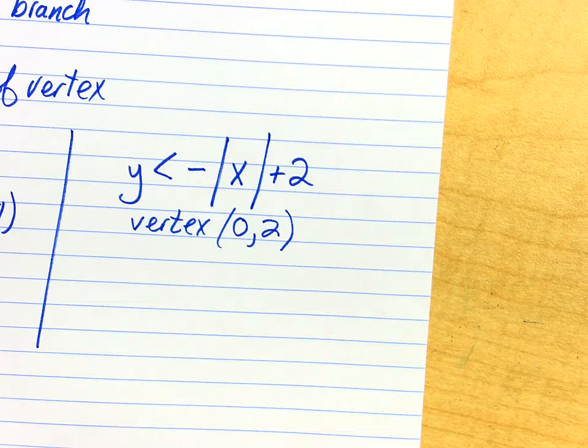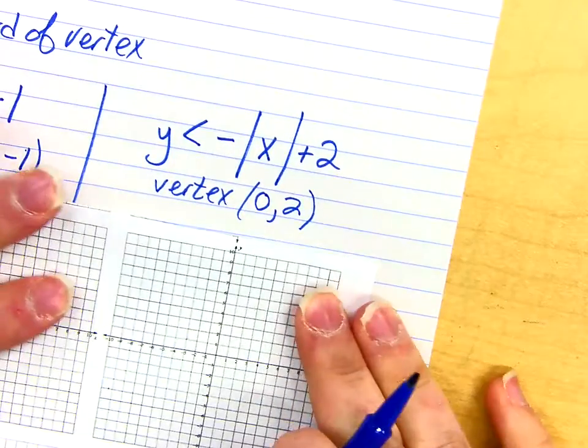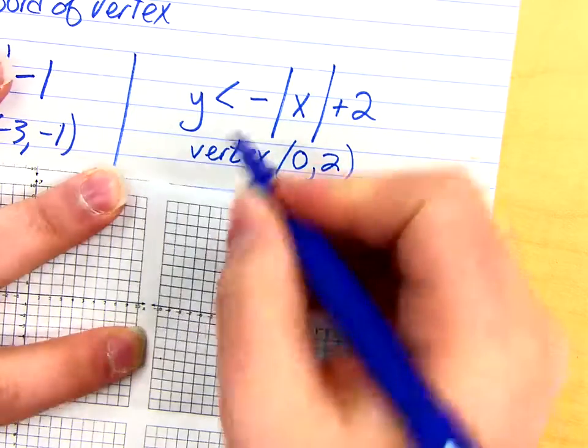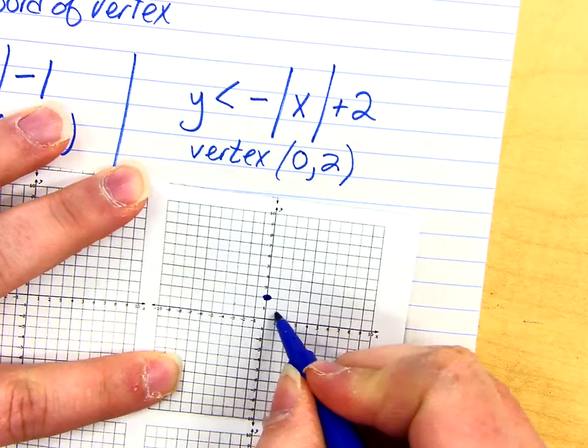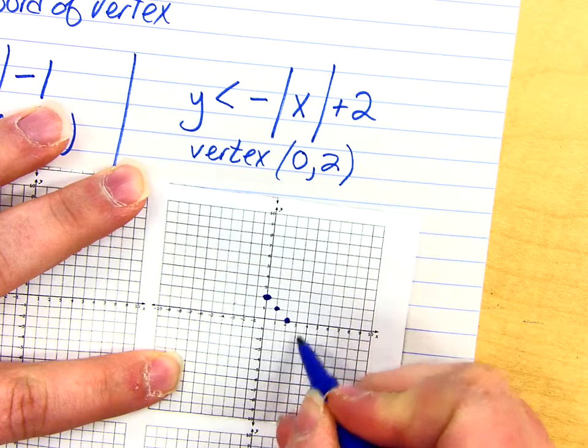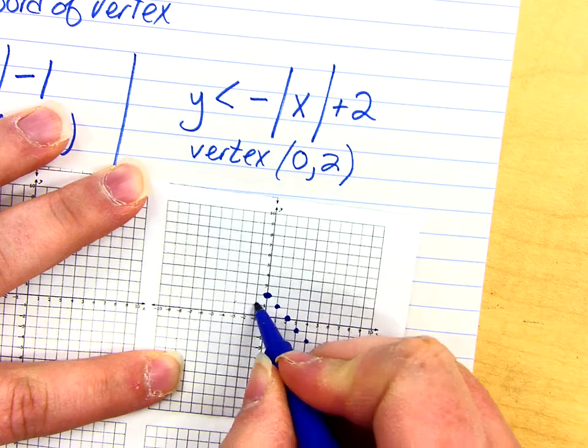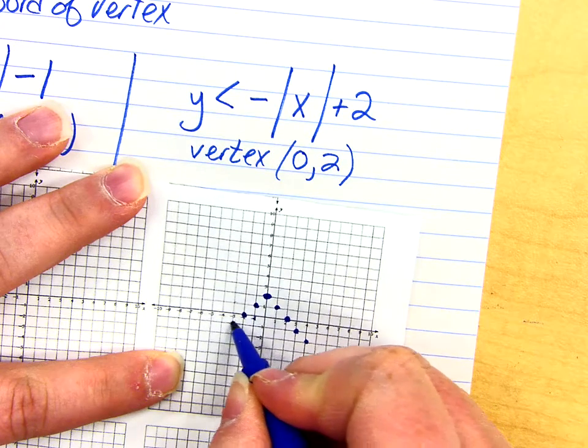So if I wanted to graph this one, I'm going to start at 0, 2, and then my slope is a negative 1, so I go down 1, to the right 1 on the right-hand side. Okay, and then the opposite on the left, so down 1, back 1, down 1, back 1, down 1, back 1.